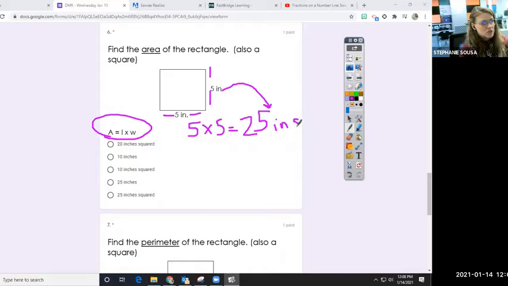And those inches are squares because we are going up and down and left and right. So it makes a square. So you should have selected 25 inches squared. Questions, concerns, comments? All right.